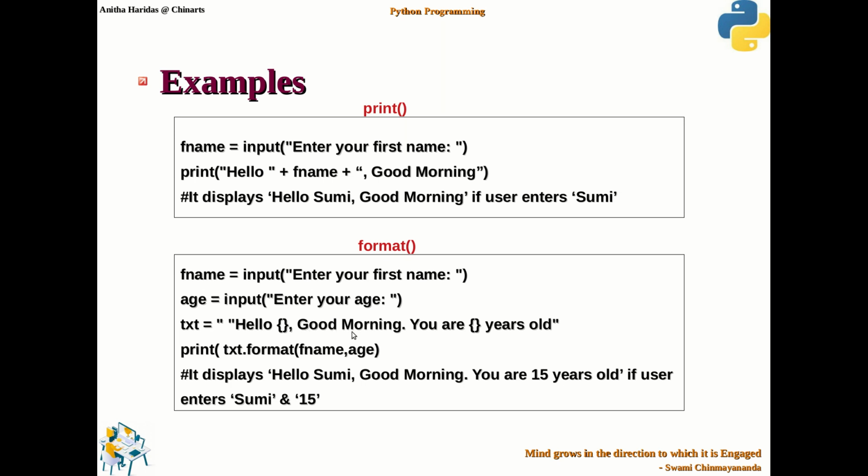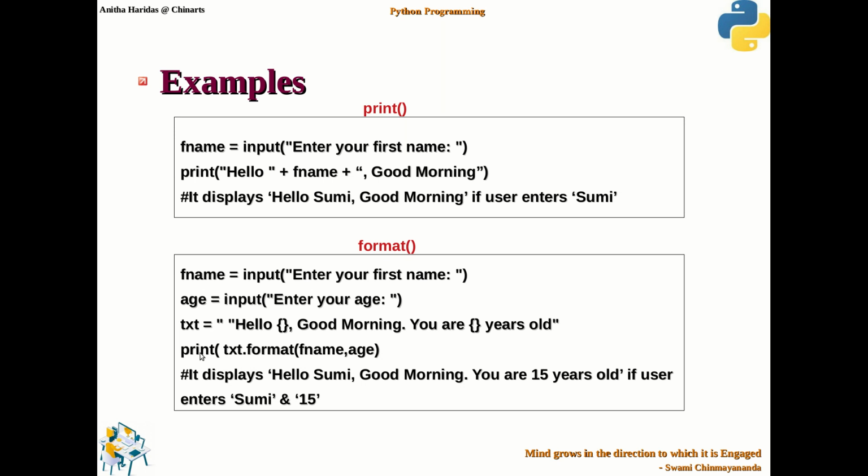Then I give another string, good morning, you are, another placeholder. This placeholder will get some value from the print function. Then I give another string. So these are string literals for formatting, whereas the curly braces specify the placeholder for specifying some values in the print function.